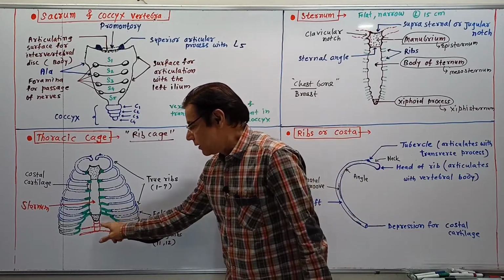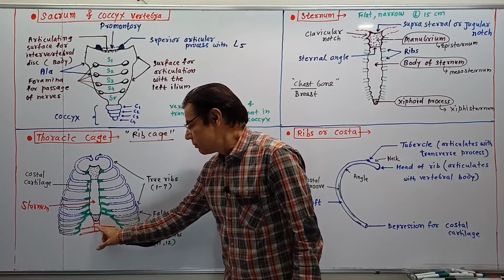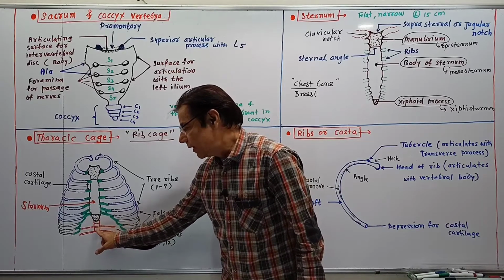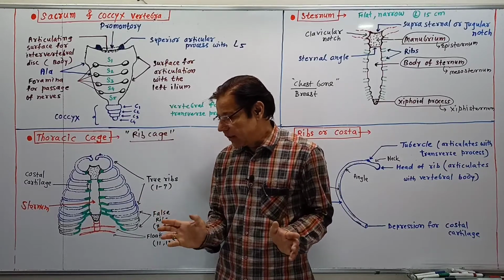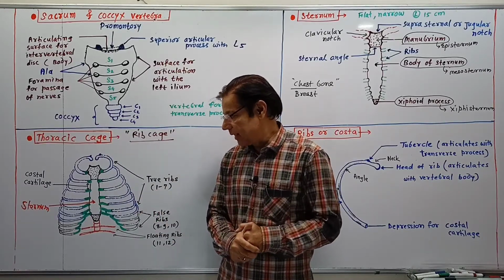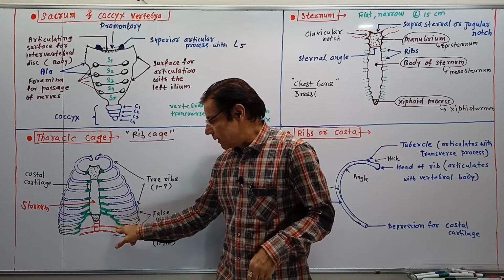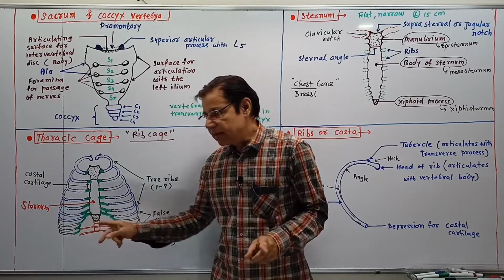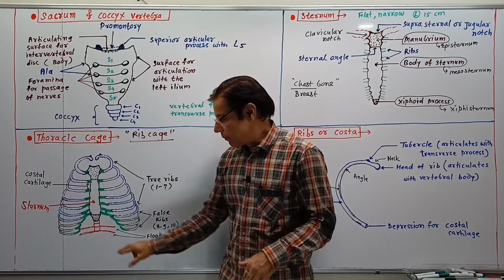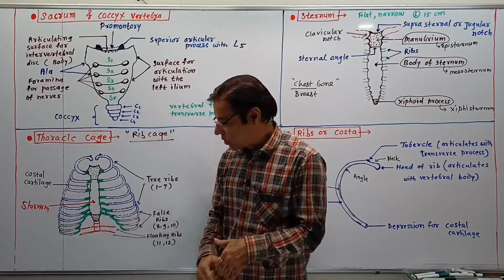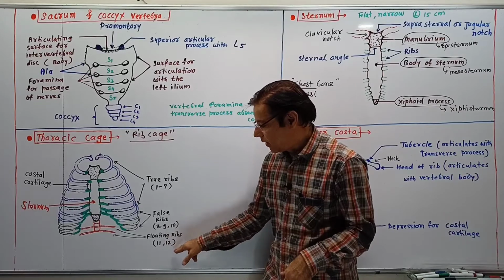And the ribs emerging out from 11th and 12th thoracic vertebra are very short and not semicircular, and their ventral ends do not attach to the sternum, and that is why they are just floating, hence called floating ribs. 11th and 12th ribs are floating ribs.